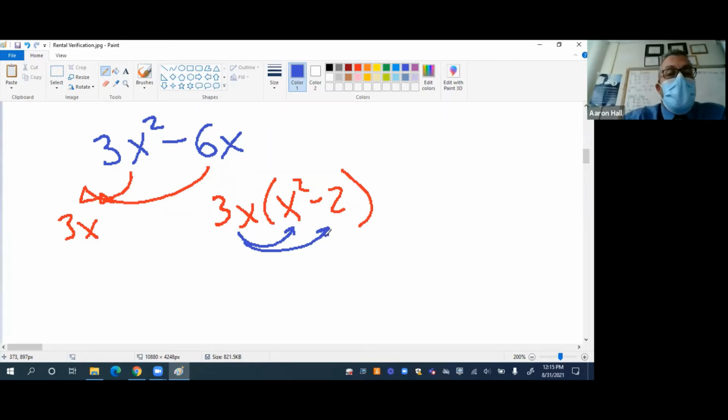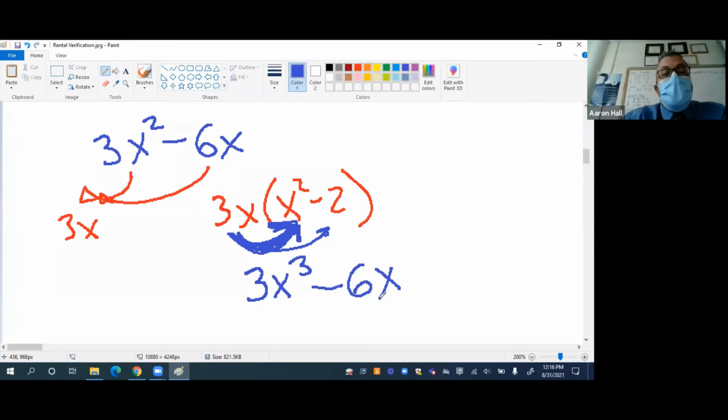If I distribute back, what do I get? 3x cubed minus... is that the same?